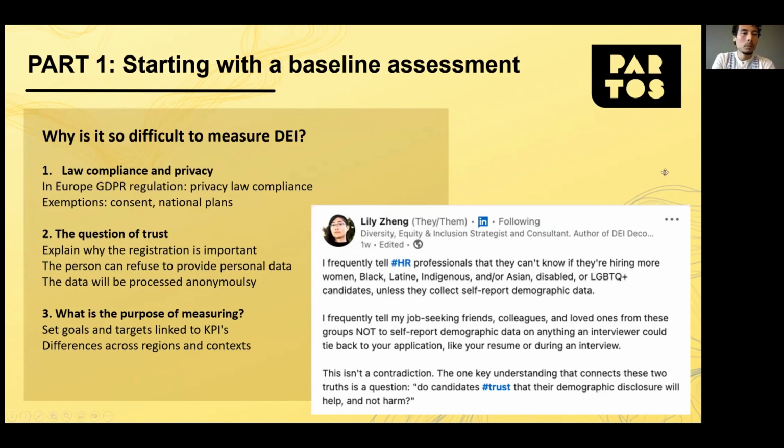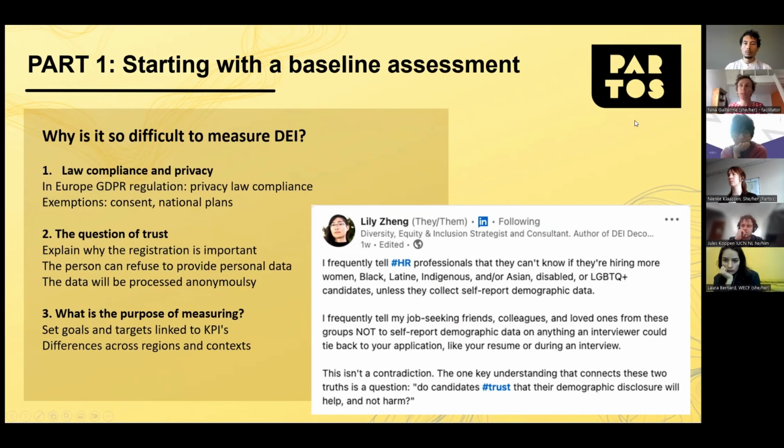Yeah. So in my experience, when I created a DEI strategy, because this is the scope of this learning trajectory, I did define clear objectives and indicators. And when I presented that to the decision makers of my organization, I could feel a little bit of fear when it came to the part of measuring diversity, equity, and inclusion.